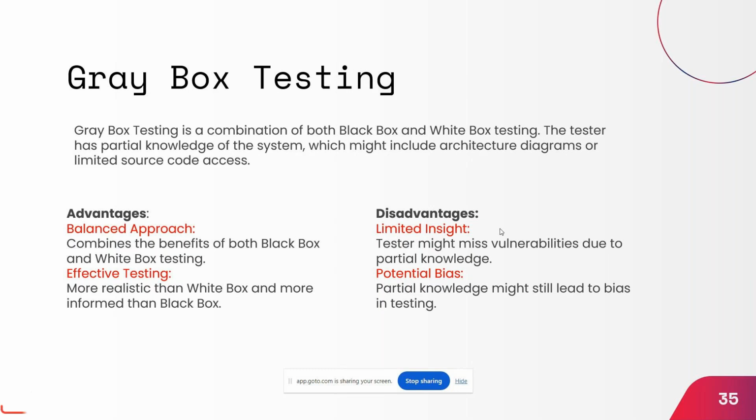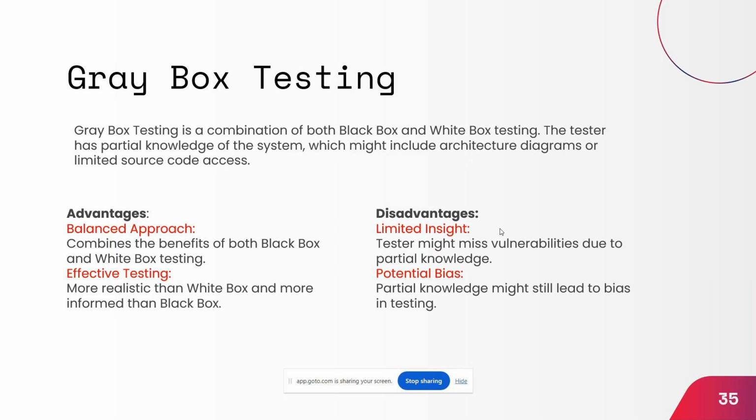In my case, when it comes to performing application testing, 90% of the time the assessments which I have executed are gray box based pen testings, where they give partial access to the system or an application, because it's a balanced approach, guys.